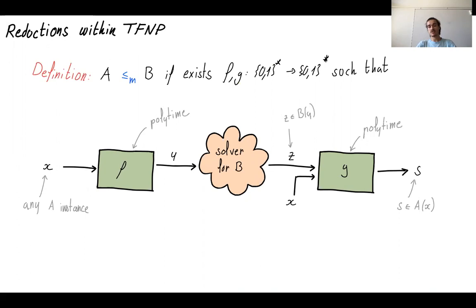You get a solution z. Note that there might exist many of those z that are solutions for y. And then you have g that can convert the B instance solution z to an A instance solution s. And this needs to work for all z that are solutions to y. This is a natural way of defining reductions, many-one reductions.